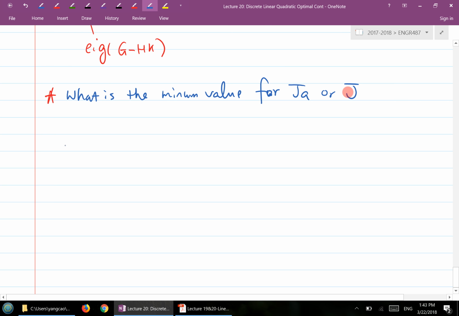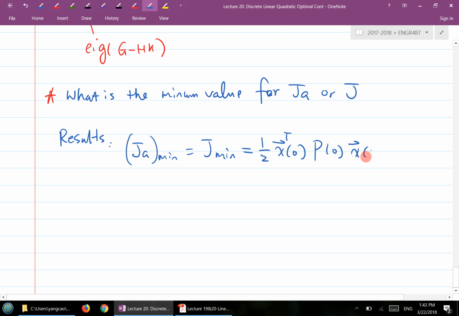So the result: for J_A, or the J minimum, the actual minimum value is 1/2 of this.